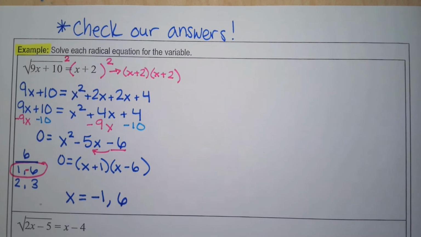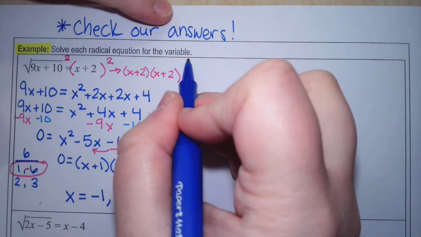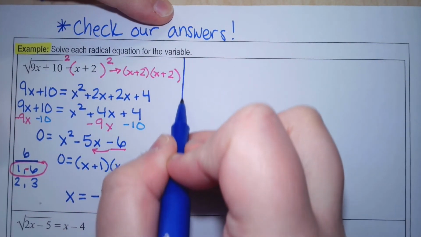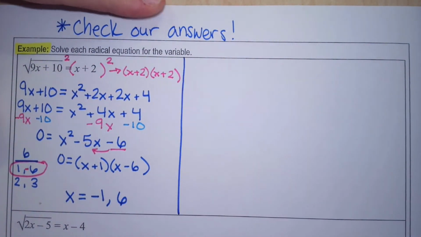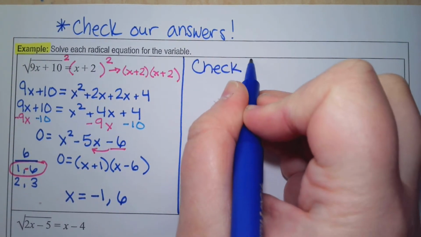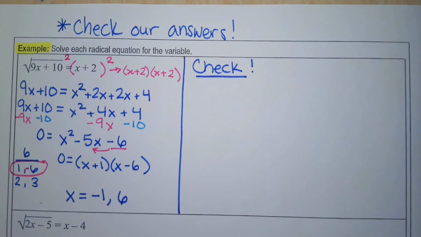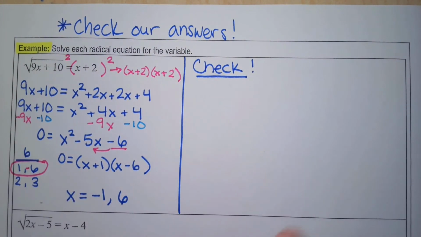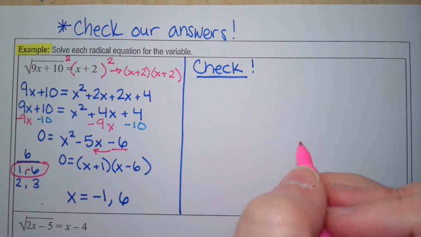All right, so we've multiplied binomials and we have factored a quadratic. But now here comes the big part of these types of problems. It's when we have to check. So what we're going to do is we're going to check both of these with both ones.